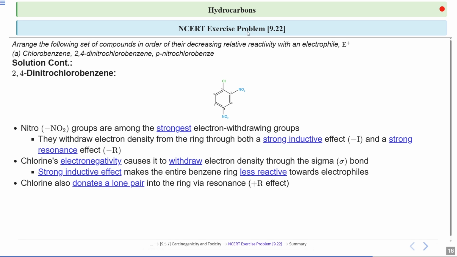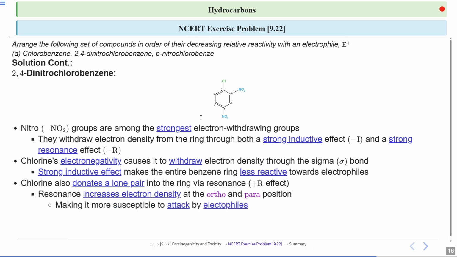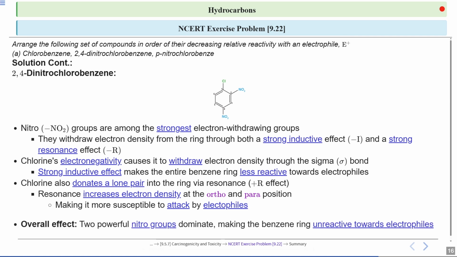Chlorine donates its lone pair onto the ring via resonance, increasing the electron density at the ortho and para positions, making it more susceptible to attack by the electrophile, because electrophiles are electron-loving species. Overall, we can say that due to two powerful nitro groups, the benzene is dominantly electron deficient.